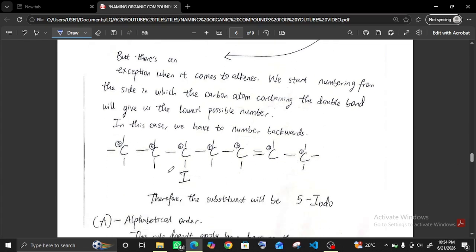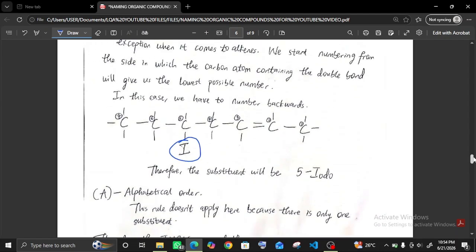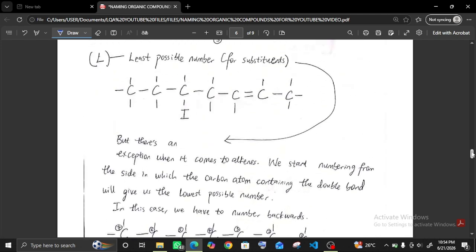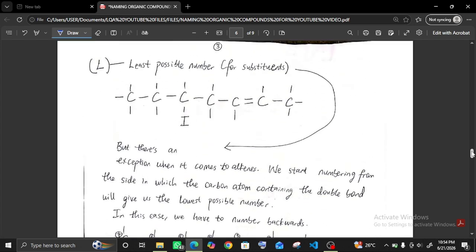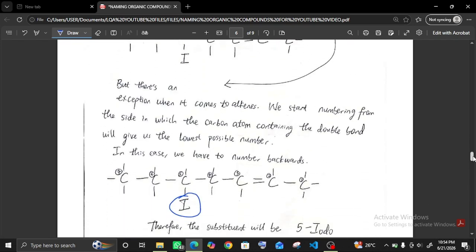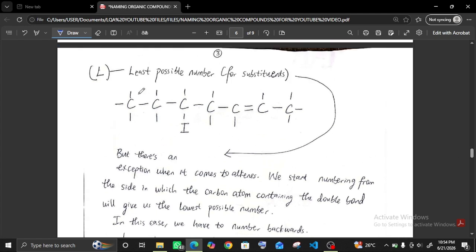After numbering it backward, we discover that iodo is on 5. Now let's number it forward. If we number it forward, you see that it has 1, 2, 3, 4, and like that. So it will have 3 iodo.